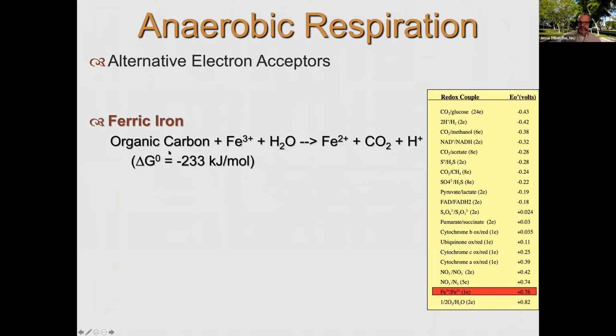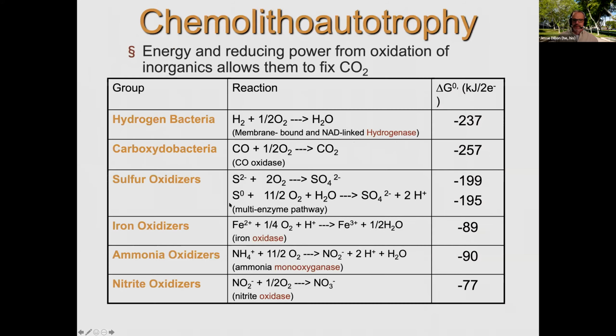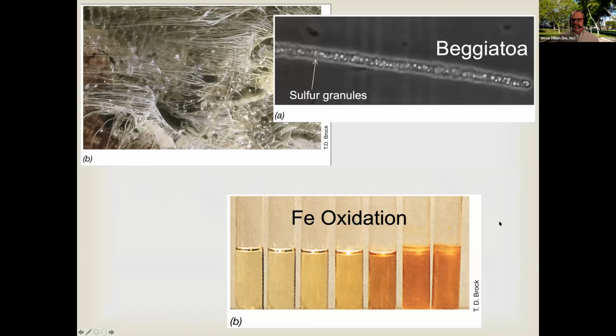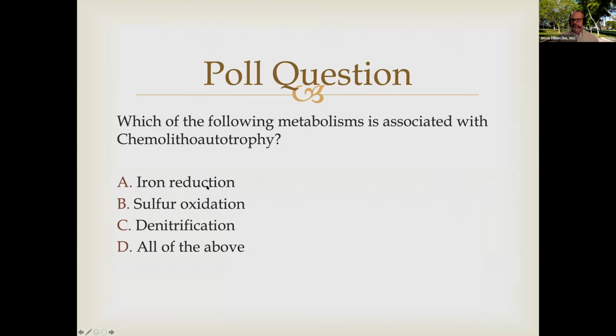They have to have organic carbon for their metabolism that somebody else gave them, okay? These guys, on the other hand, many of them can use organic carbon, but the reason they're called chemolithoautotrophs is they can all fix CO2, and they get their energy to do that from these oxidative reactions. So iron oxidation would be a correct answer, but that wasn't what was there. So the best answer was B, sulfur oxidation.